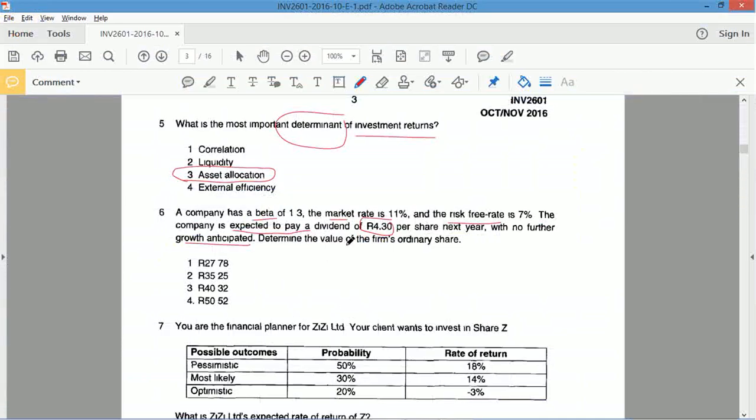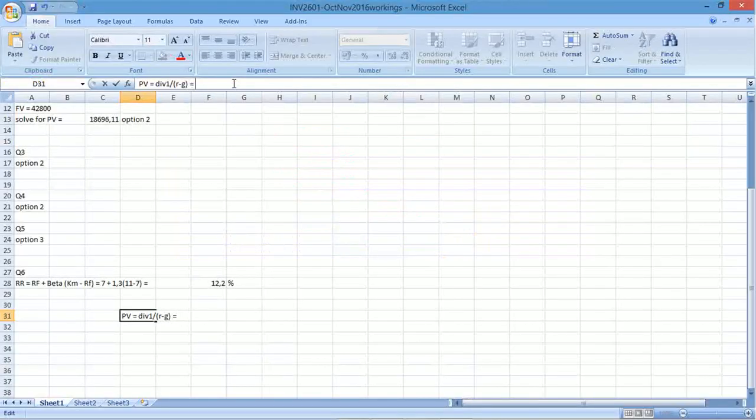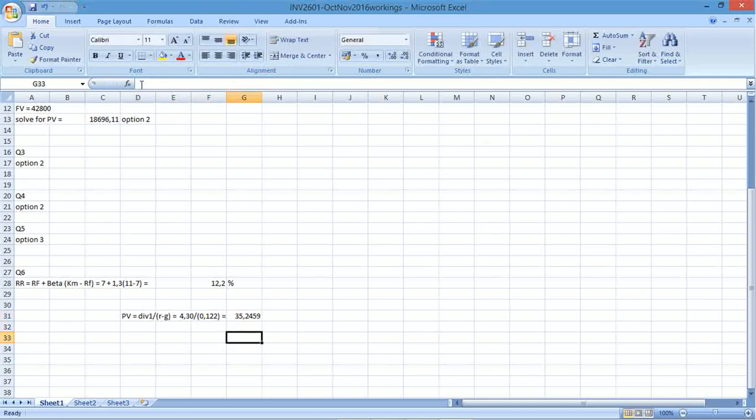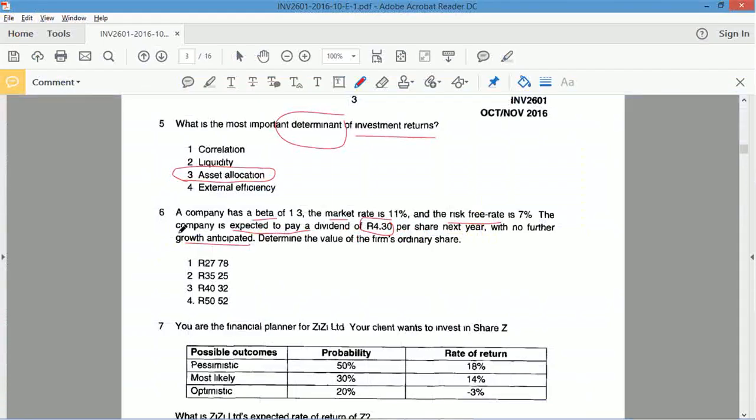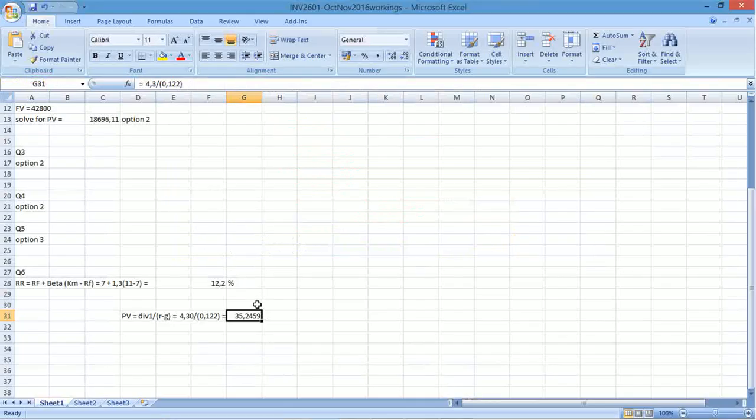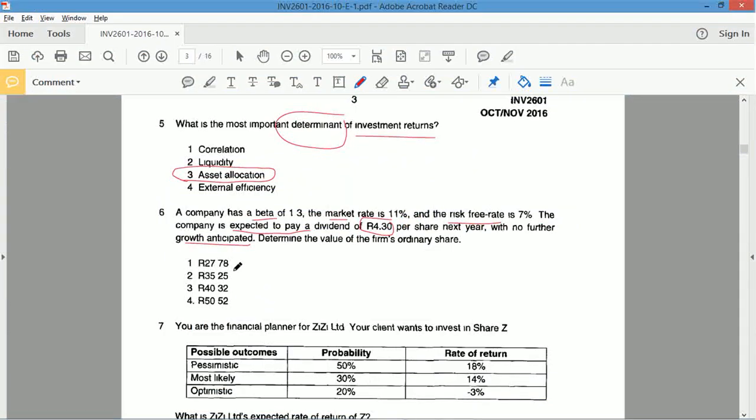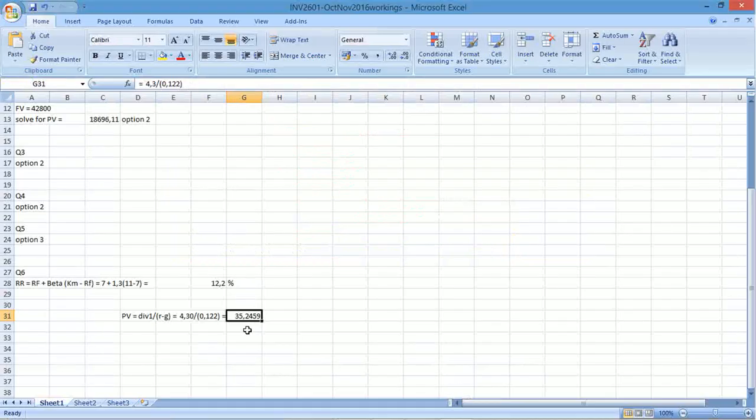So div1 is the expected dividend of 4.30 divided by R, 0.122, equals, minus 0, which you don't have to show, and that gives me an answer of 35 Rand 24.5. So if you round off, 35.25, yes, option 2.